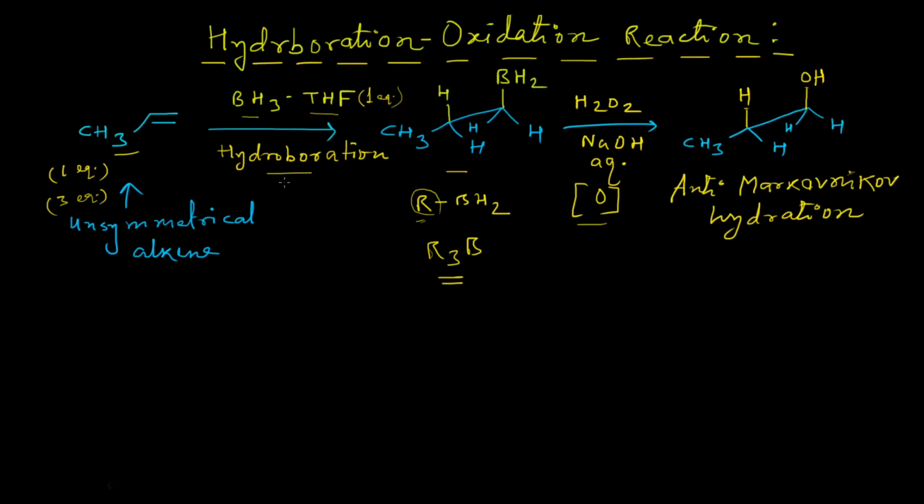So this is the first step, which is hydroboration. You can see the hydrogen and the BH2, these two groups possess a syn relationship with each other, which makes the first step a very stereospecific step. And the product, which is the monoalkyl boron, possesses a syn relationship between the incoming hydrogen and the BH2 group.